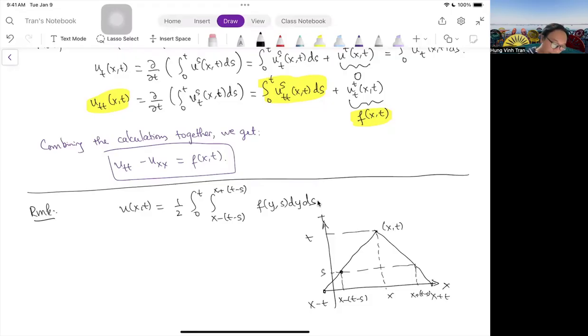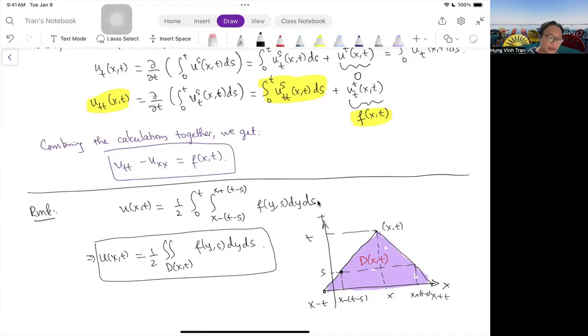So as a result, you are integrating exactly within this triangle. You can name this triangle, I think in the notes, D(x,t). Then you have a beautiful formula: u(x,t) is 1/2 of the integral in this triangle D(x,t) of f(y,s) dy ds.